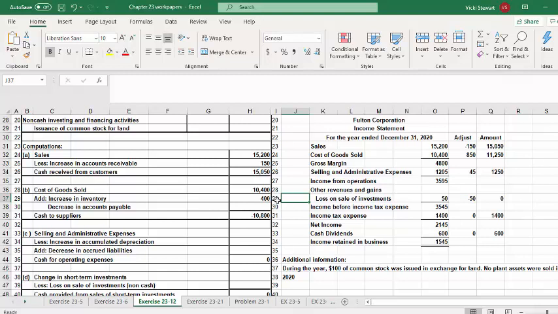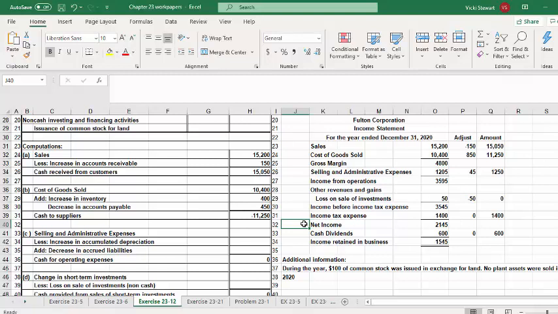And also, the comparative balance sheet showed that we had a decrease in accounts payable of $450, which means that we had an additional $450 spent in addition to what was shown as an expense in cost of goods sold.